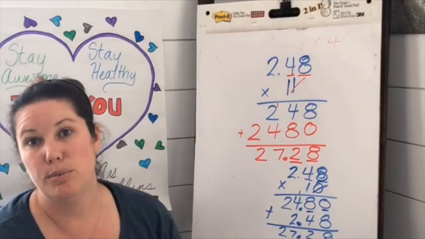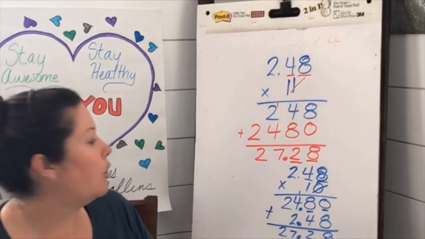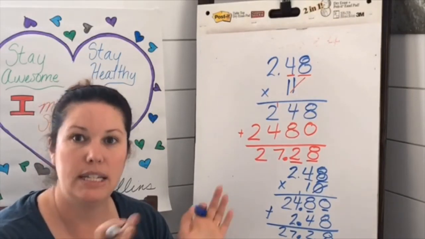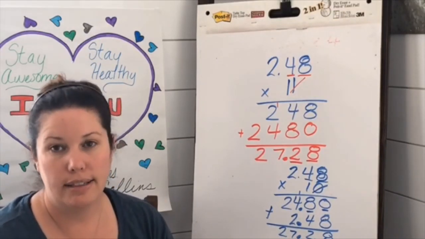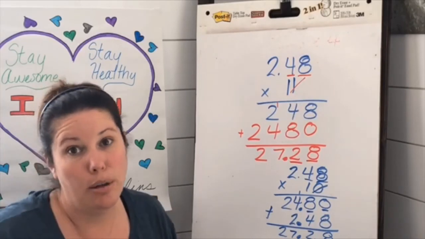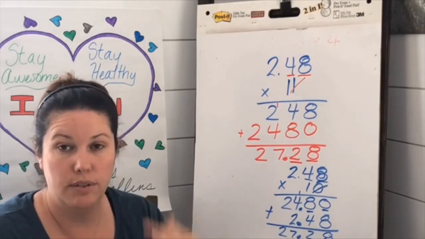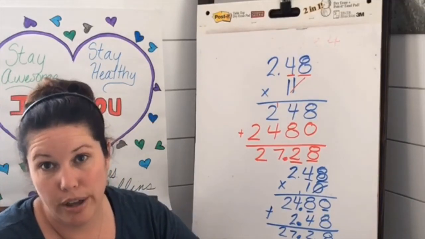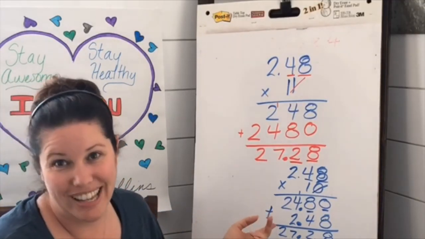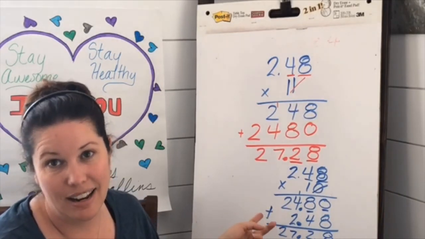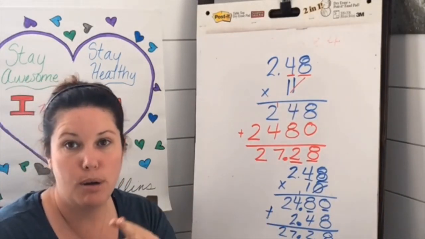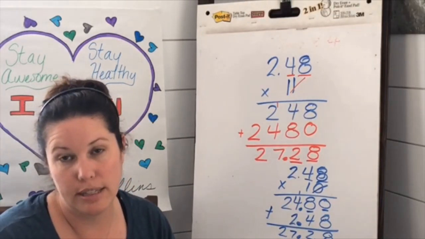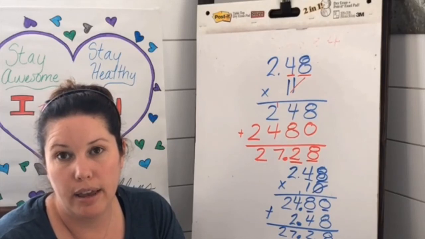So what we just did is we just broke up what we knew, and we broke up our 11 into 10 and 1, and that's called a distributive property. It's also called partial products because we found the different products first. And I didn't need to multiply 2.48 times 1 to know that it's 2.48, so I just went ahead and added it. But what we just did was 2 problems, and then we add them together. And that we learned with our partial products when we did multiplying whole numbers.